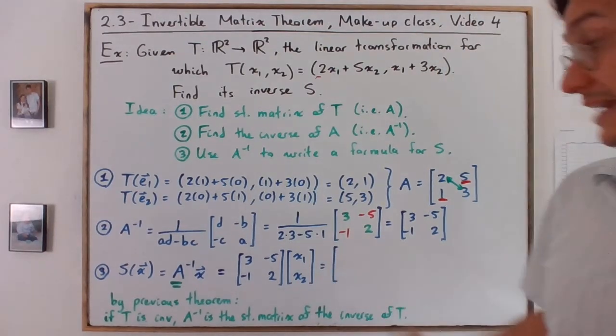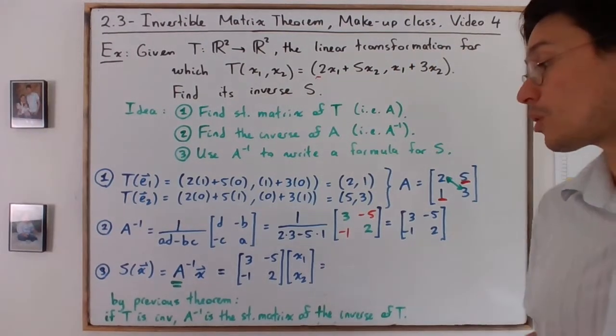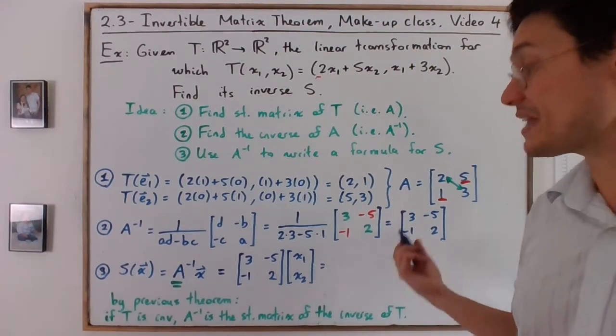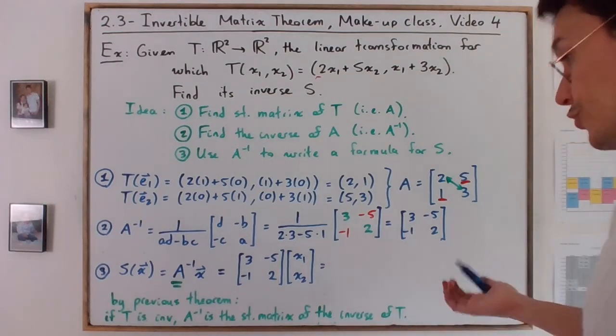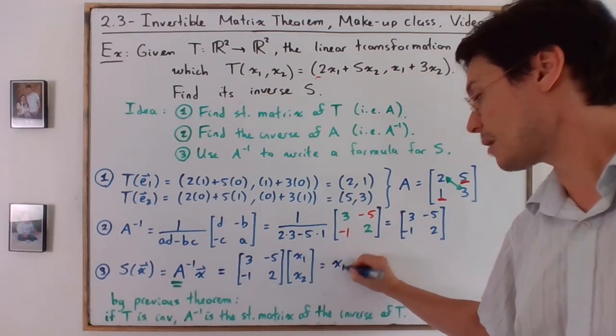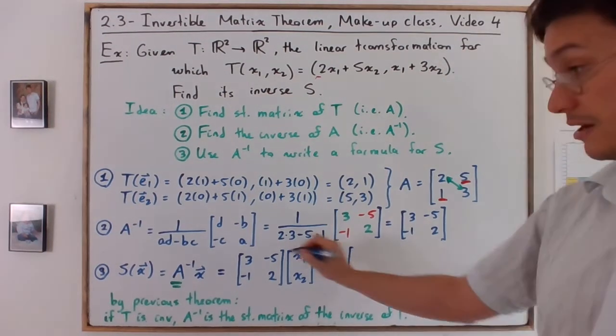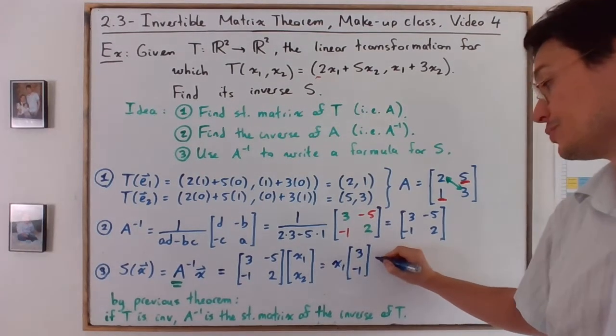Doing the calculation, instead of using the row column rule, I'm tempted to use the definition of matrix multiplication. It makes it clearer why you get a given outcome. Don't forget, it's the linear combination of the columns of A inverse with the weights x1, x2.